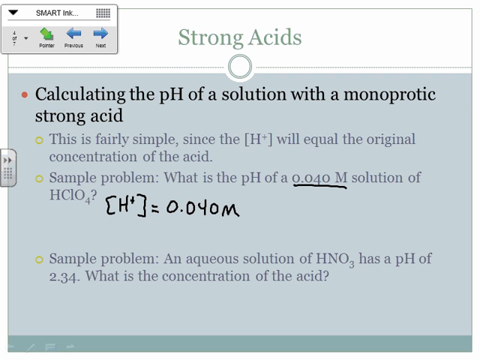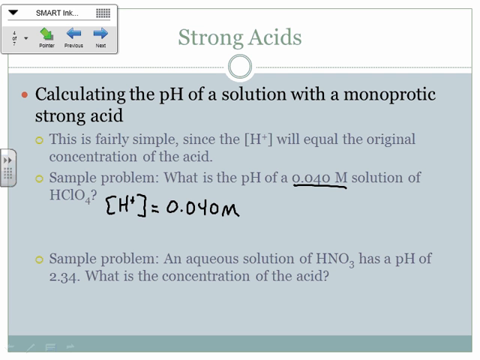Now, I'm just going to kind of help prepare you for something that's coming. If this was a weak acid, and I told you it was a 0.040 molar concentration of it, could I say that it had a 0.040 molar concentration of H+? Why not? Okay, some of that acid will dissociate, right? But not all of it.